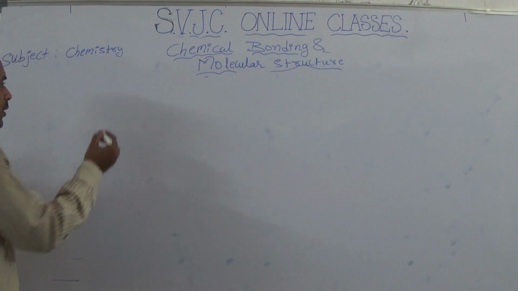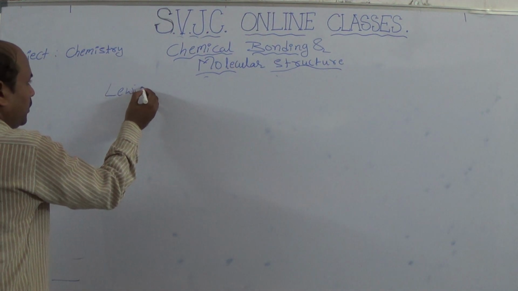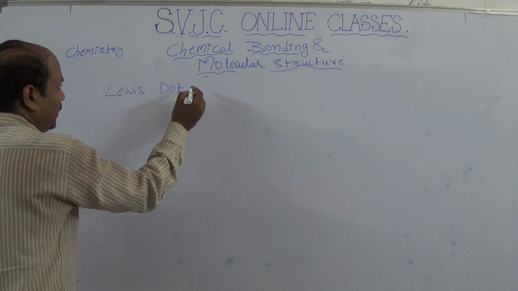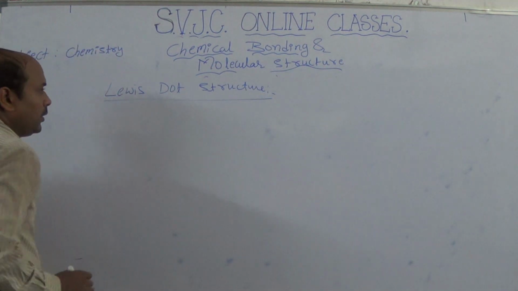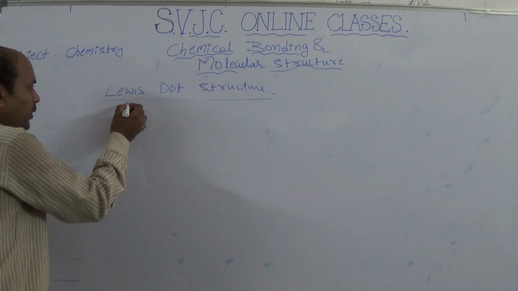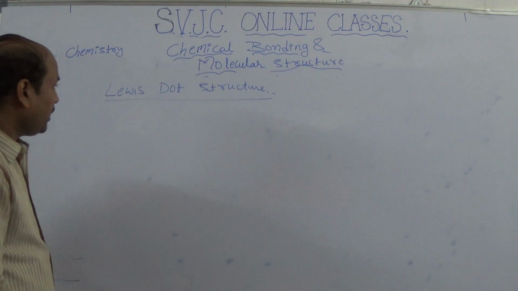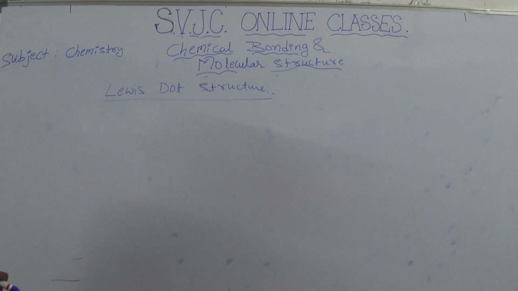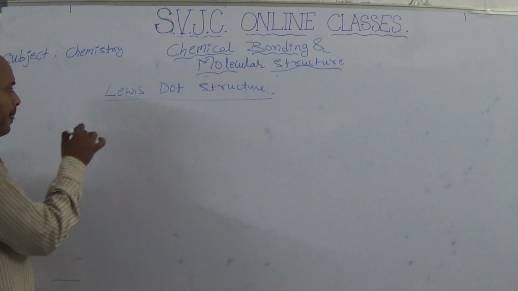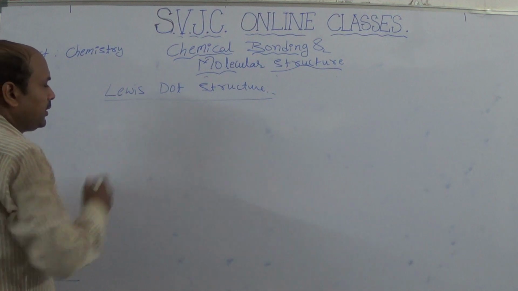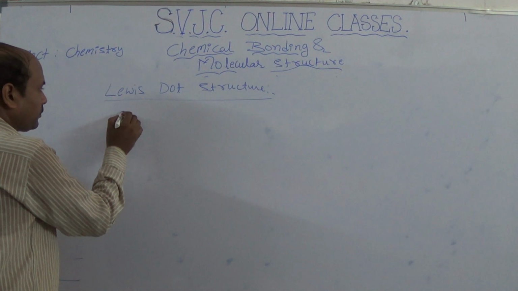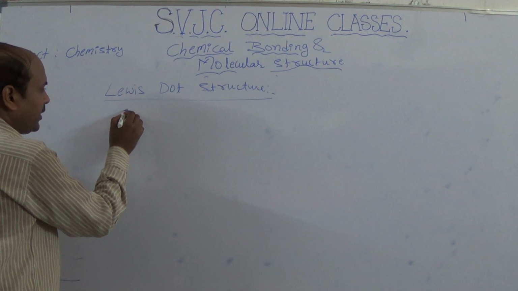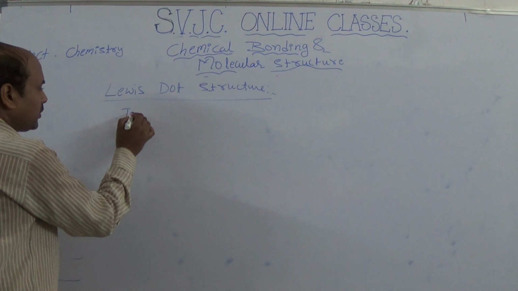Small concept, the Lewis dot structure. Here the scientist Lewis gave a simple notation to represent the valence electrons of an atom. For that he introduced symbols, called Lewis symbols. Lewis symbols indicate valence electrons.